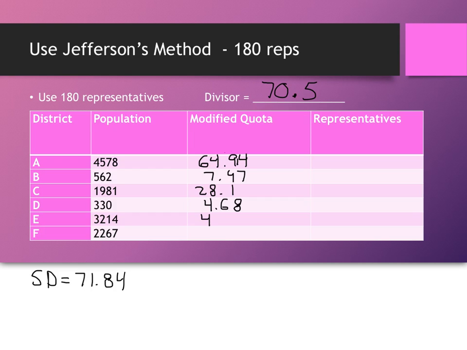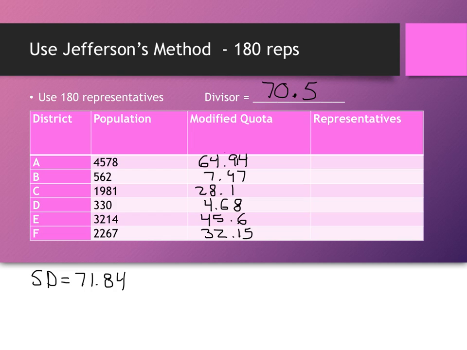In Hamilton's method, we had to go out a few decimal places so we can compare. But in this method, you don't care how many decimal places you go out because you're always going to use the lower quota.